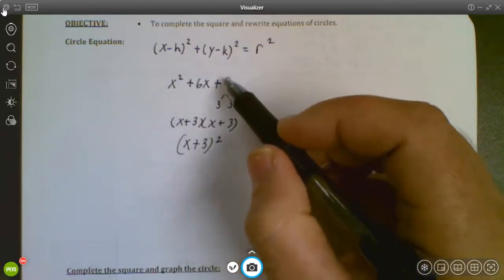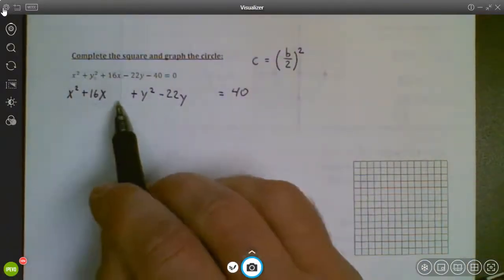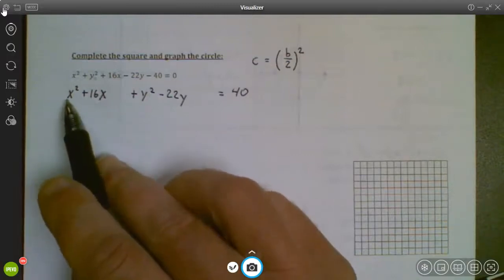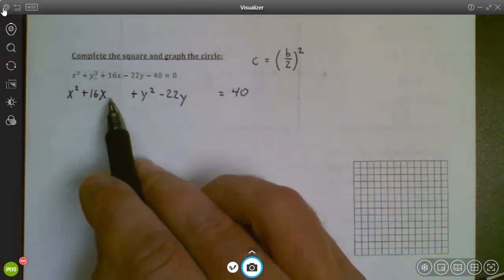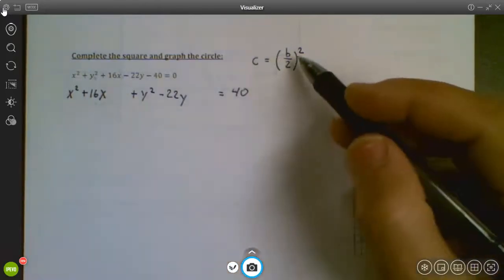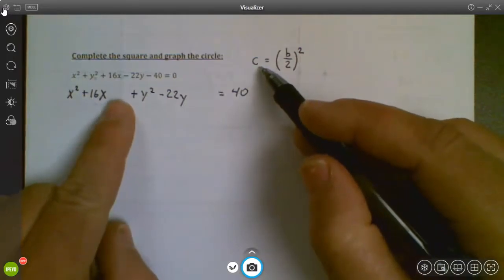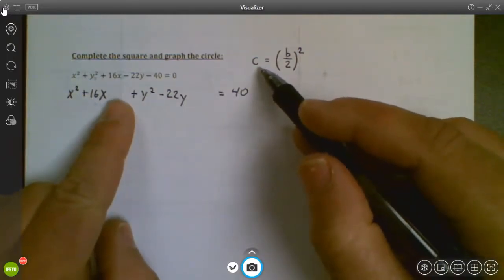Right? It's the one that doesn't have a letter attached to it. So when we write this formula, what we're saying is, look at the x's for a minute. This is my a, this is my b. We're missing our c value. So this little formula helps us figure out what our c value needs to be in order to complete the square and create this perfect square.